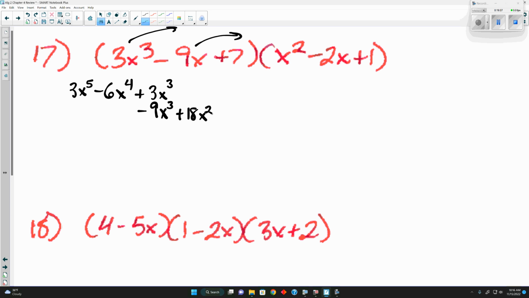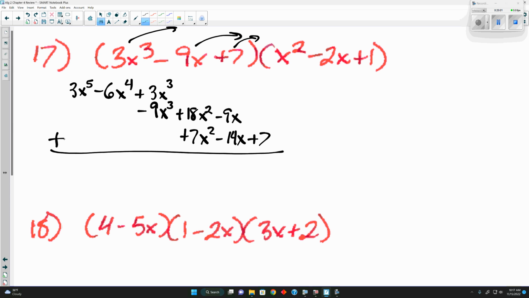And negative 9x times 1 is negative 9x. And lastly, 7 times x squared, well, that's going to be plus 7x squared. 7 times negative 2x is negative 14x. And 7 times 1 is plus 7.